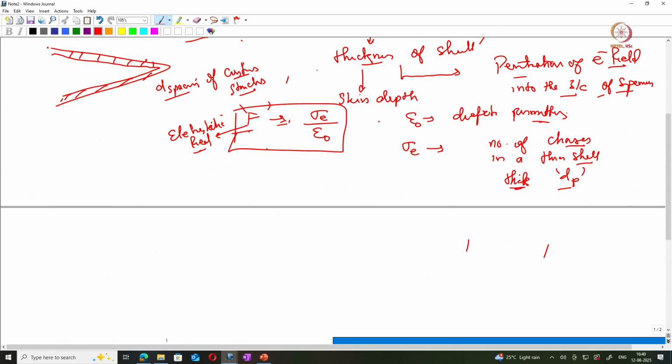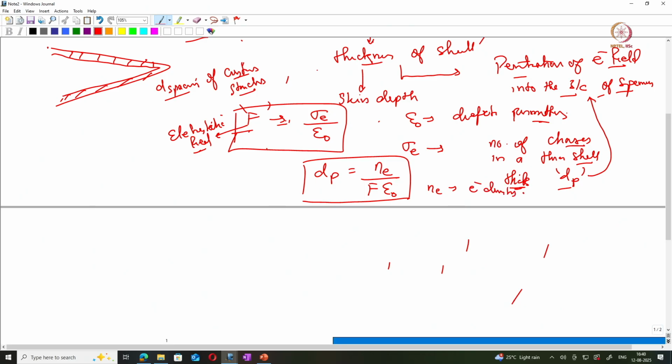Okay, so the dp corresponds to the distance of penetration of the electric field into the surface of the specimen. Here, dp is given by Ne divided by F epsilon naught, where Ne corresponds to the electron density of the volume.